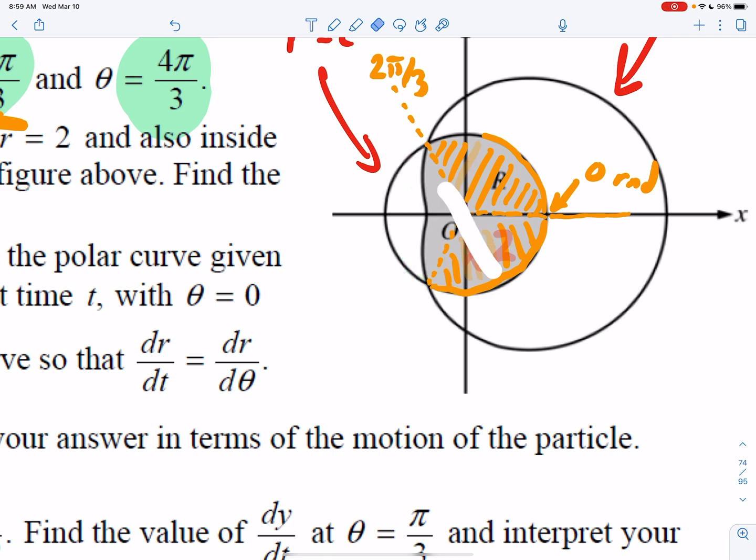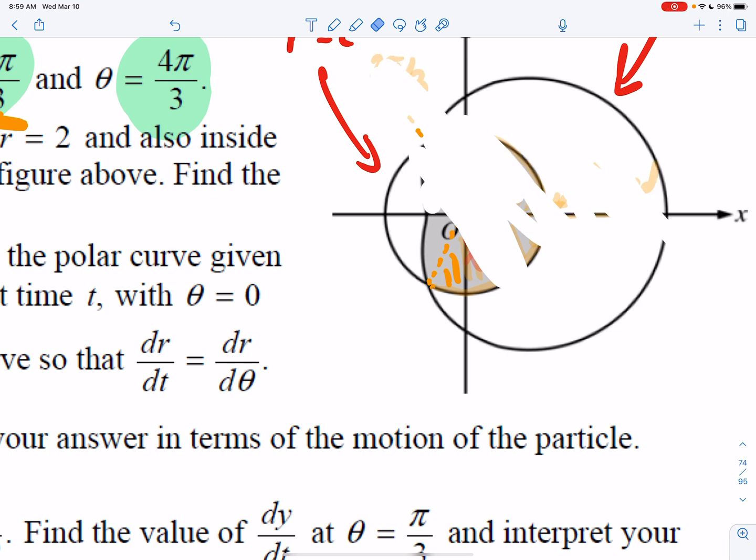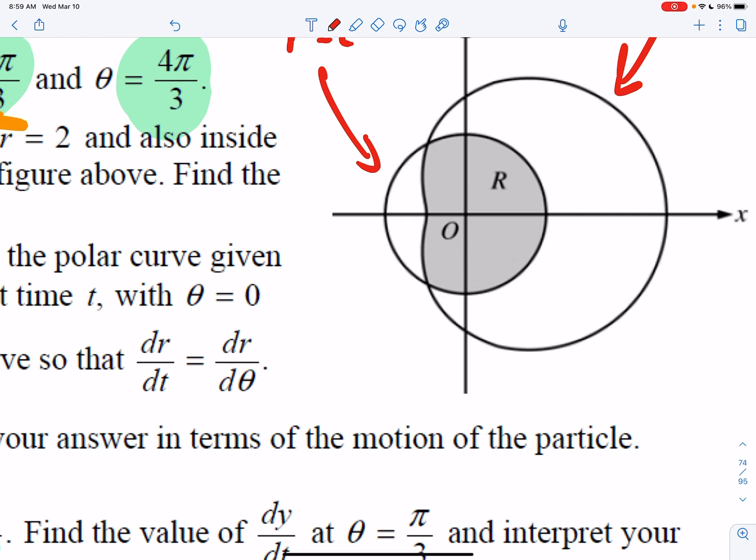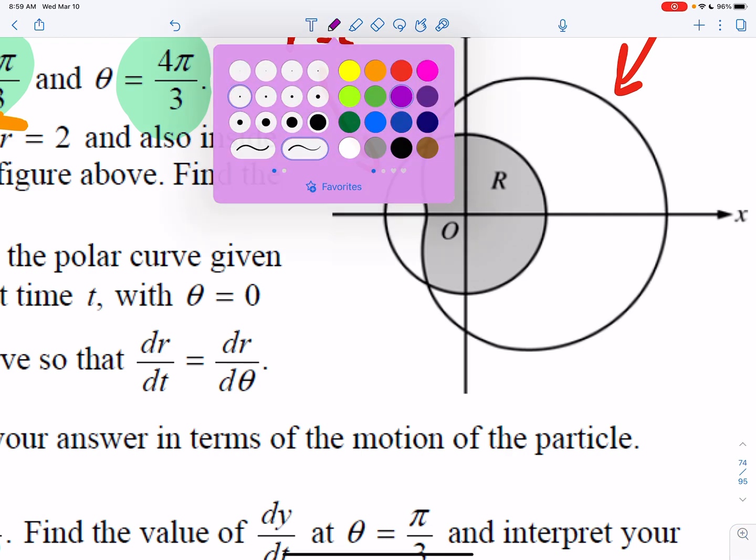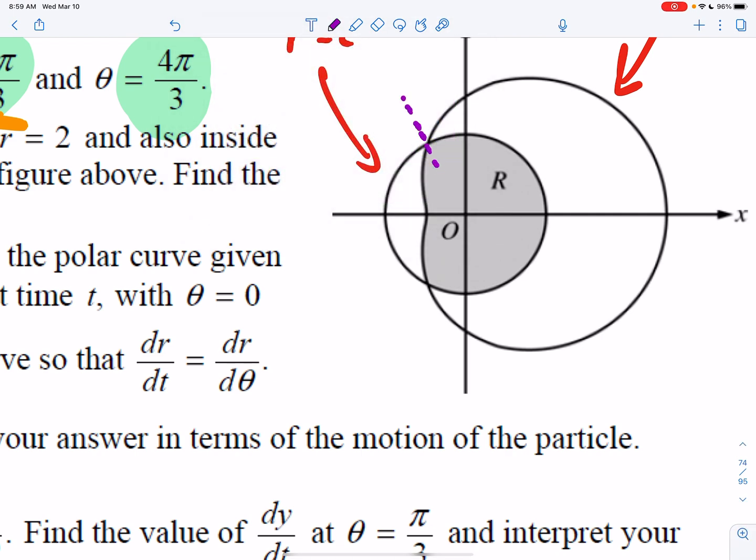So let me go ahead and get rid of a few things so that you guys can see it a little bit better. Remember that this is 2 pi over 3. I know that this right here on the unit circle is pi. So I'm going from 2 pi over 3 to pi to get this little slice right here that I'll color in.